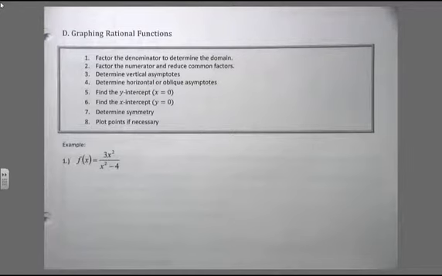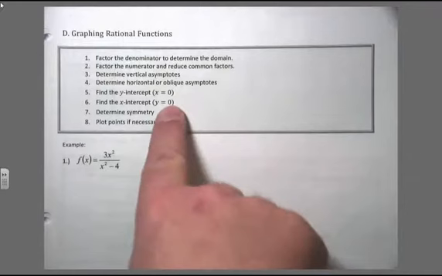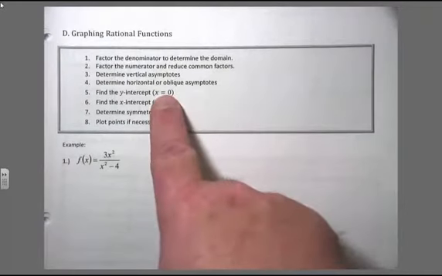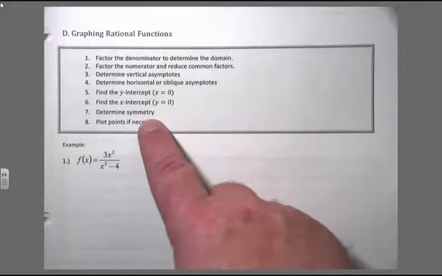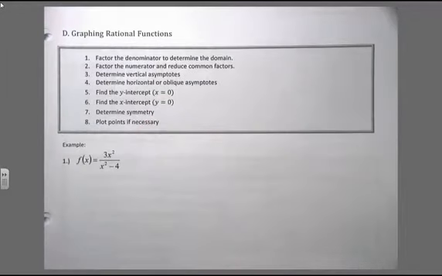But he wanted you to always plot a couple of nice points. So always find the x-intercept and the y-intercept. Y-intercept, plug in x equals 0. X-intercept, set y equal to 0. Decide if there's any symmetry that's going to help you out with this graph. And then plot any extra points that you need, and then connect your dots. This is the game plan on how to graph a rational function.